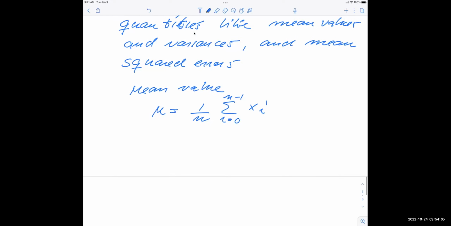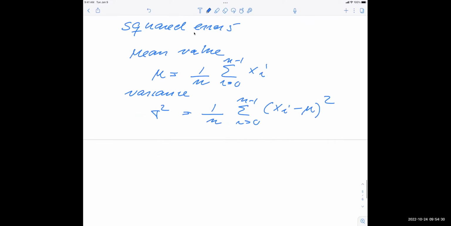The variance, if we look at the unbiased variance, sigma squared, and that's why I have this factor 1 over n, also is a sum which runs from i equals 0 up to n minus 1. So this would be x of i minus mu, squared. And these are sample expectation values.